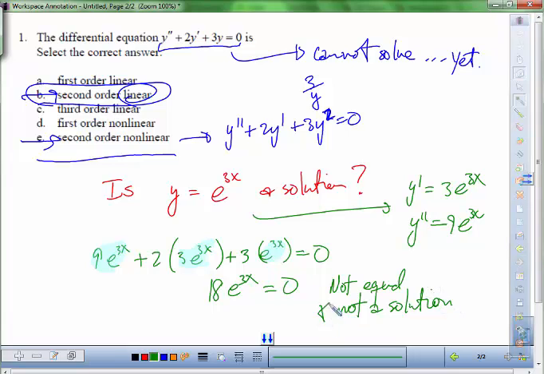So this is not a solution. Okay? Any questions? All right. Let's go to the next problem.